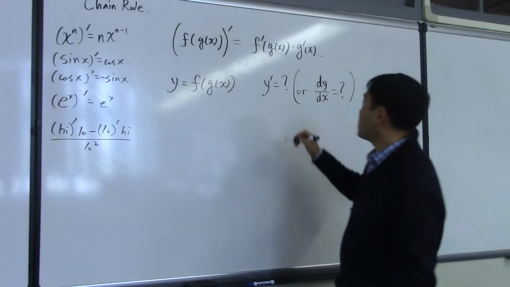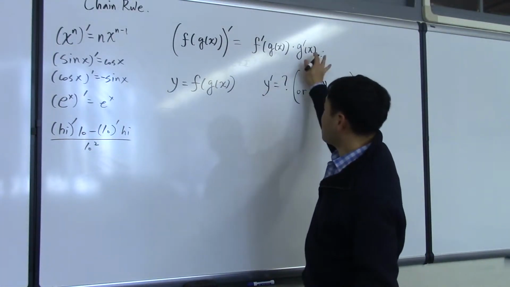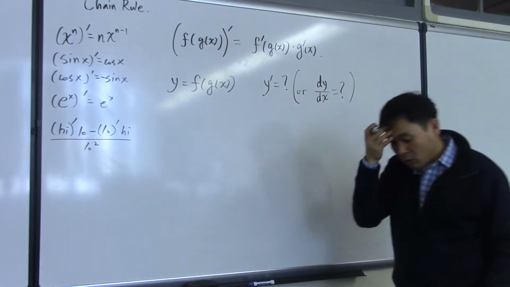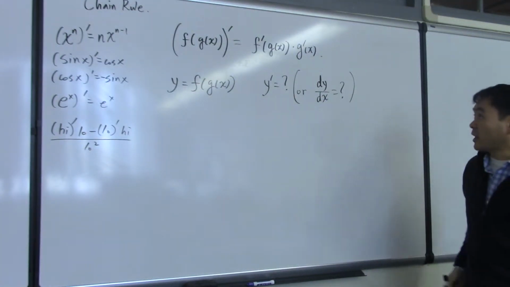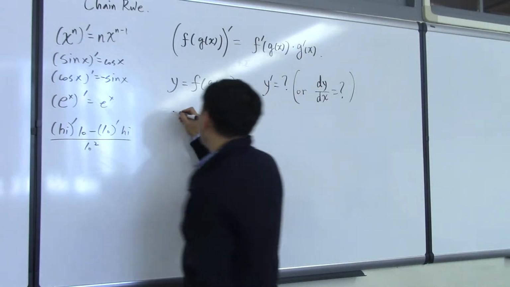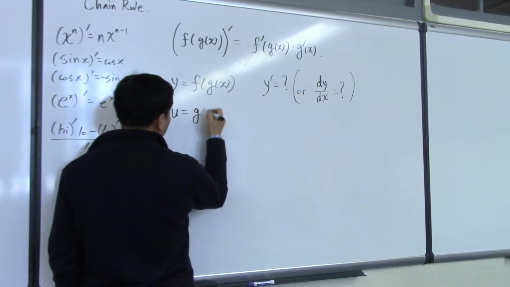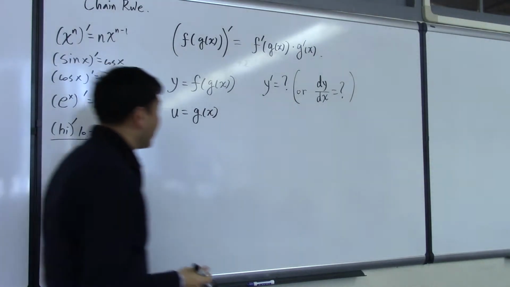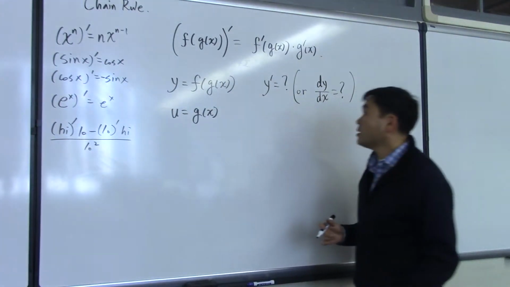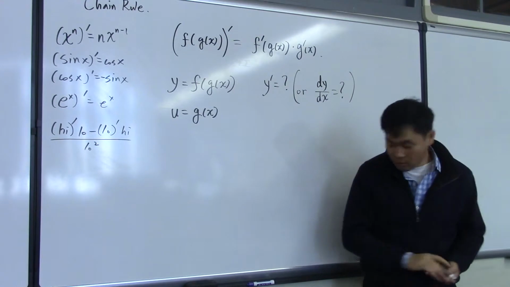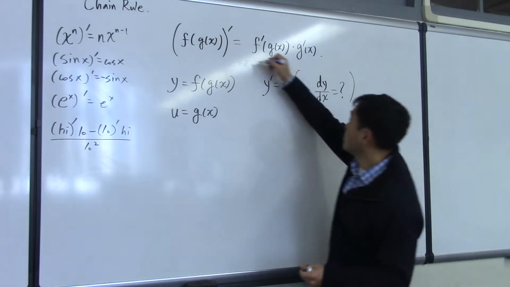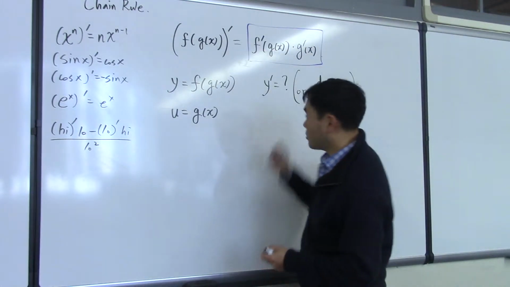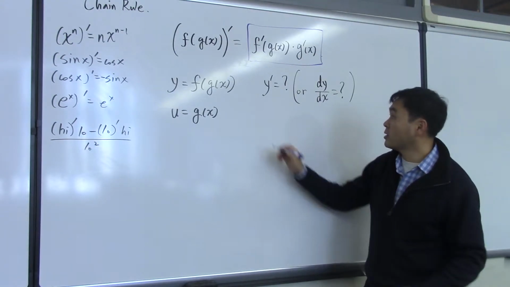Okay, now let's rewrite what you see up here by using substitution. We're going to say u is equal to g of x. We're doing a substitution where u is equal to g of x. Then what you see over here can be written in the following way.